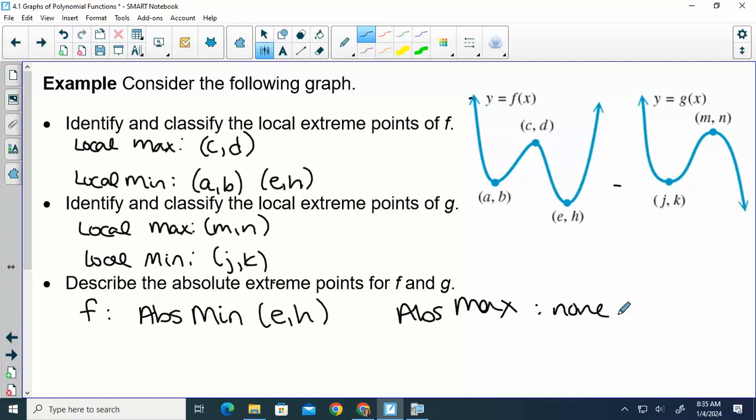So if you have arrows going up, we don't have an absolute max. G, does it have either? No. Because one end is going up forever and one is going down forever. Questions there?